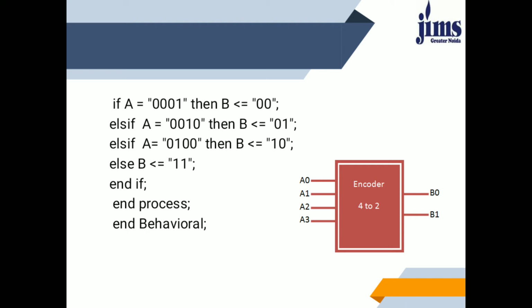As you can see, I am writing if A equals this condition, then B must be this. Why? Because this is the condition of any priority encoder. Whenever you write a table for a priority encoder, you will see that among the 4 inputs, at any time a single input will be high.